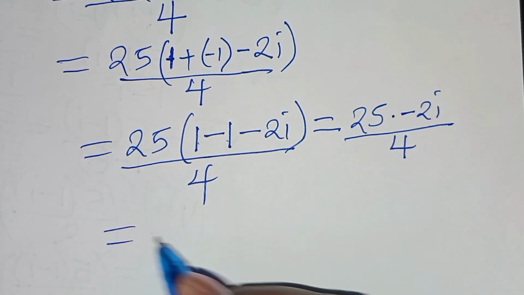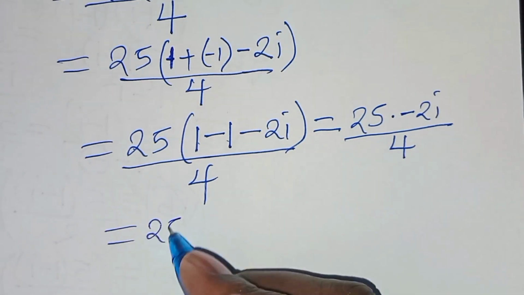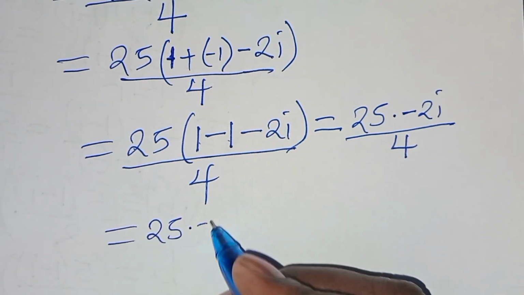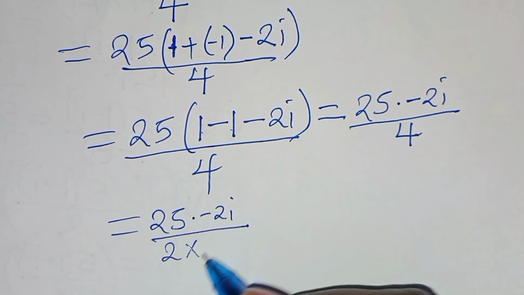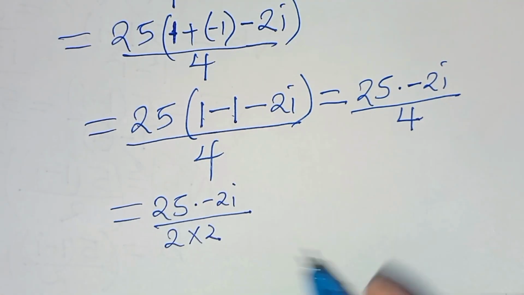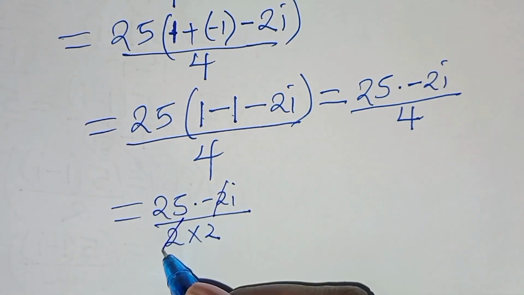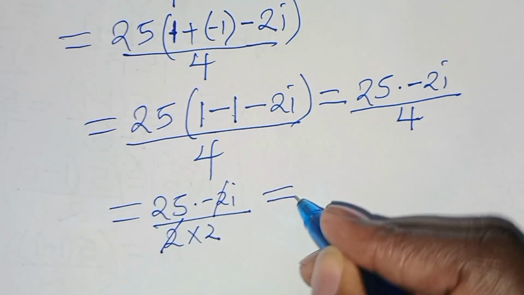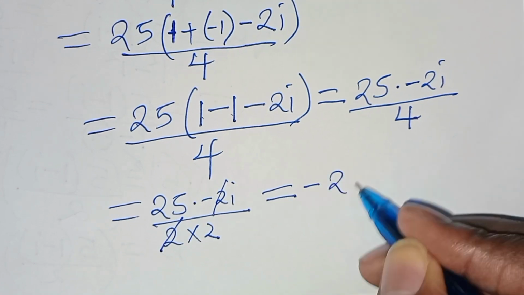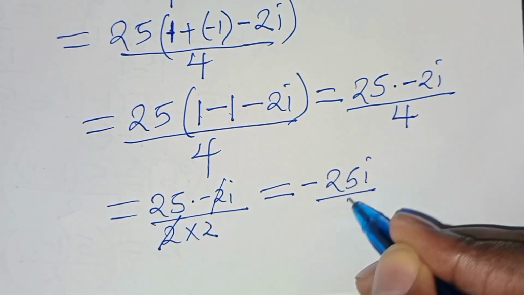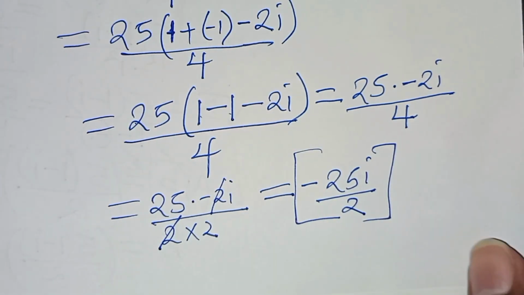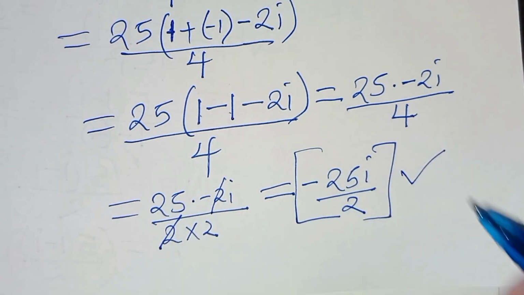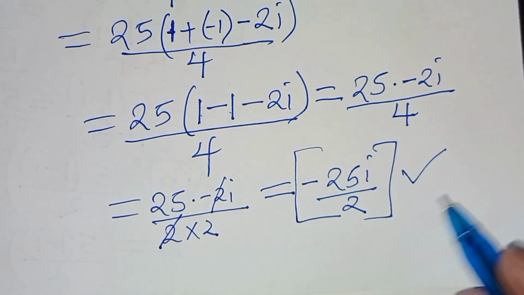So we have 25 multiplied by negative 2i divided by 4, which you can express as 2 times 2. And you find that we simplify here, so that now we'll have negative 25i divided by 2. And this is the value of b, and this is the solution.